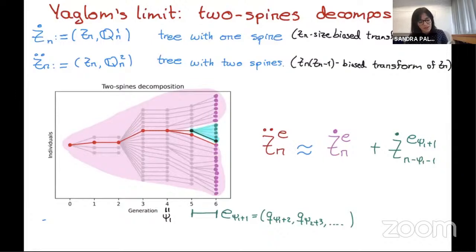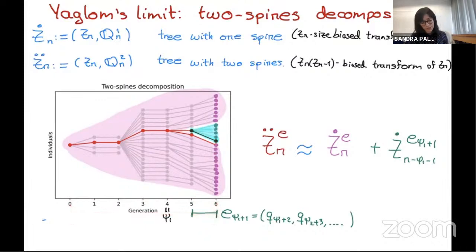If we want to know how many individuals I have at generation n of our tree with two spines, we can decompose it into how many individuals are attached to the longer spine and how many are attached to the shorter spine. For the longer spine, I don't have a problem, because it will be a Z_n dot and the environment is the same one, and I move the same number of generations.